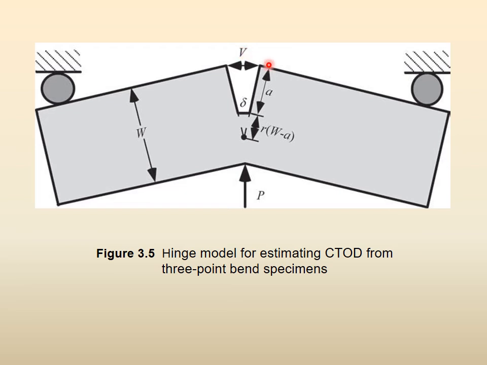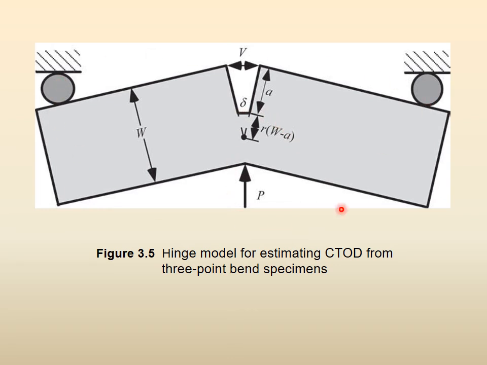Then a is the crack size, W is the width, and r is a rotational factor. So this is r into (W minus a). So you see, if there is this big triangle, and then there is a smaller triangle, then you can go back to the previous figure, that a upon this is equal to r(W minus a) upon this, and so on, right?